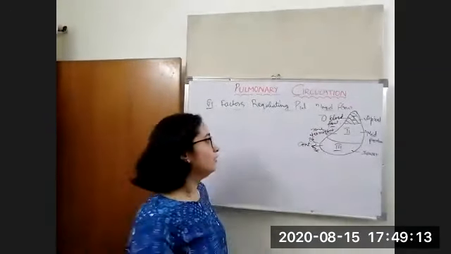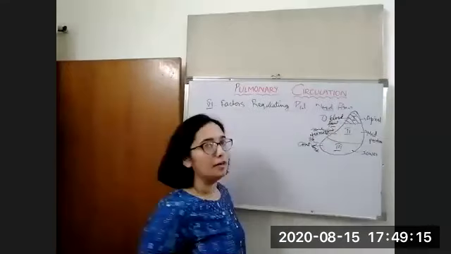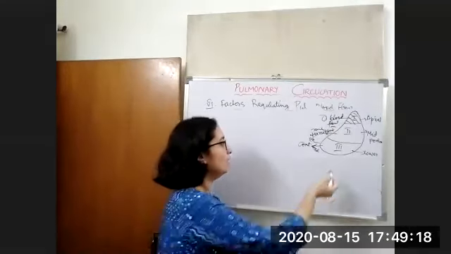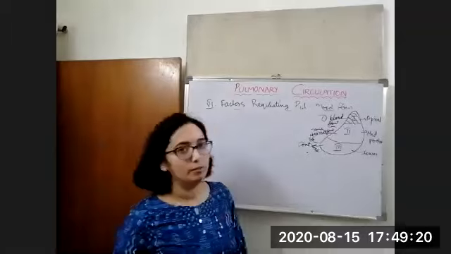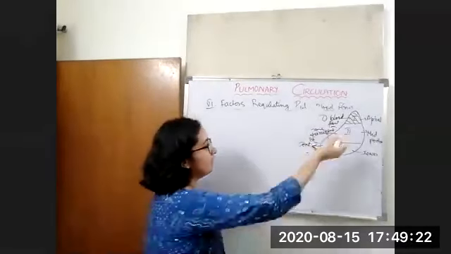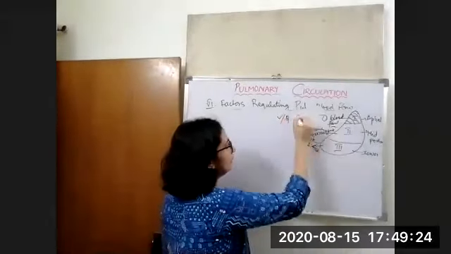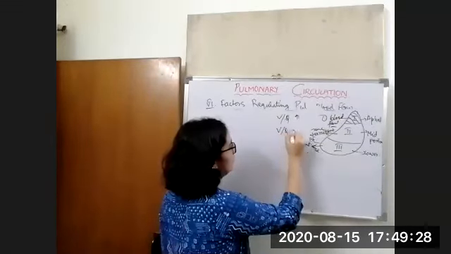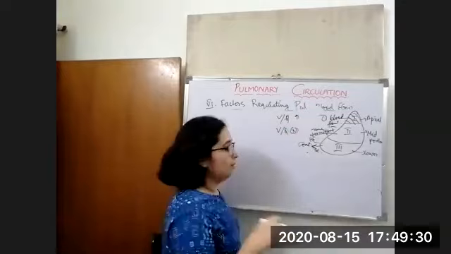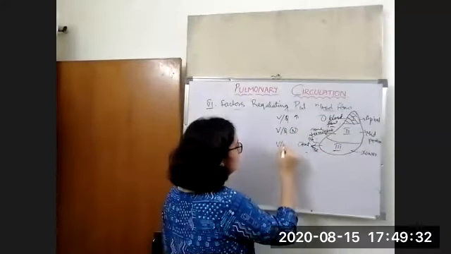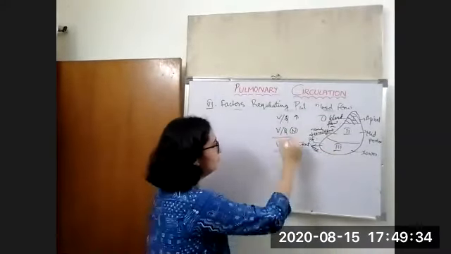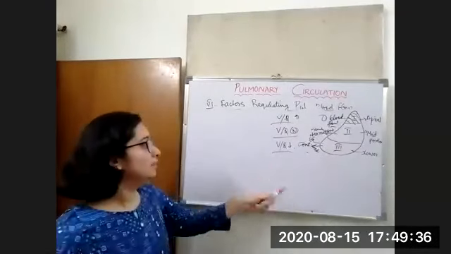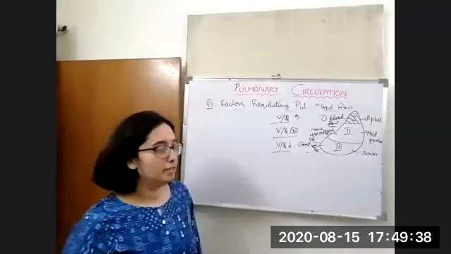The mid portion, zone 2, has intermittent blood flow, and the lower portion, zone 3, has continuous blood flow. The ventilation perfusion ratio is high in the apical portion. In the mid portion, it is normal, and in the lower portion, it is low. As it is low, there is a continuous supply of blood.